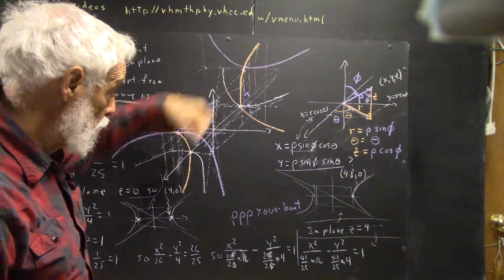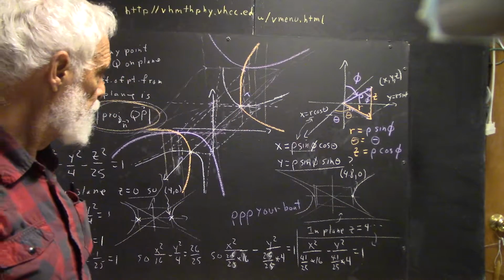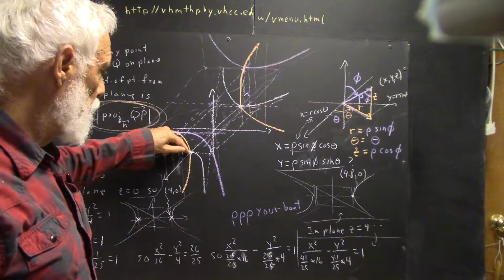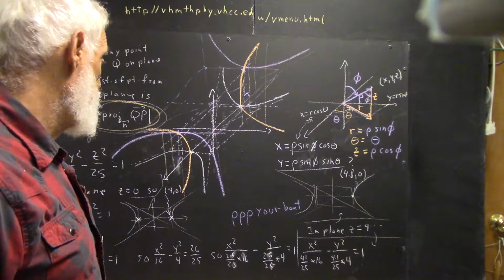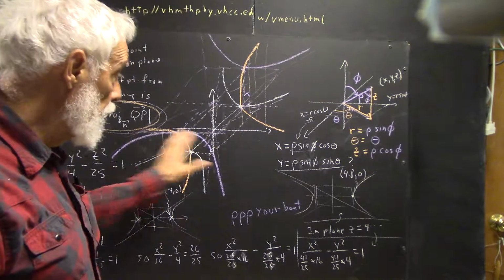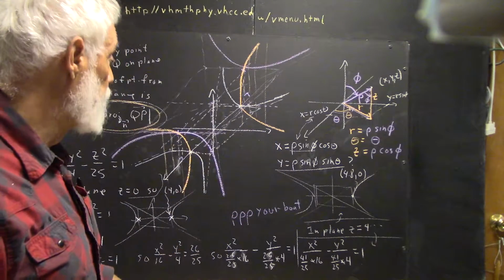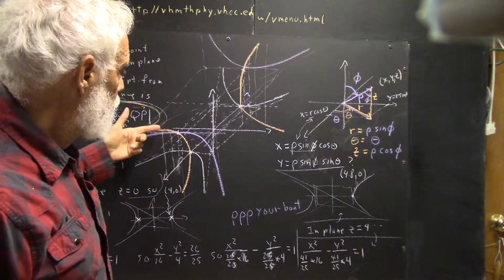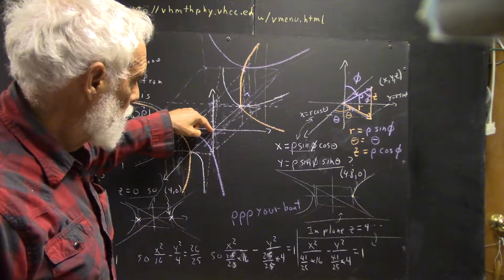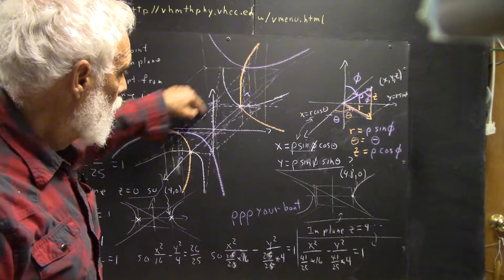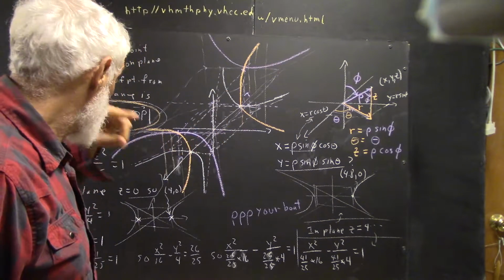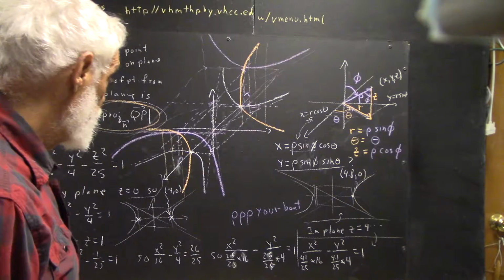Okay, I said 0, 4, and 0, negative 4, I think. So we have to go through these points, 4, 0, and negative 4, 0, in the xy plane, not including z. And in the xy plane, we also go through the point 0, 2 and the point 0, negative 2. So this is the rectangle that goes through those points.